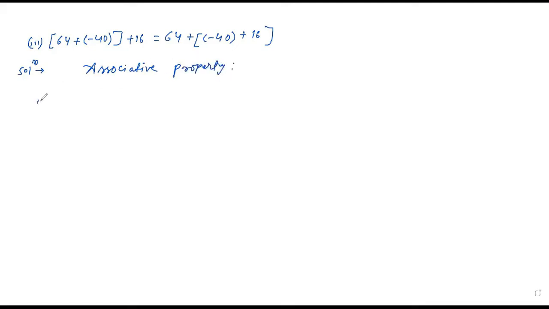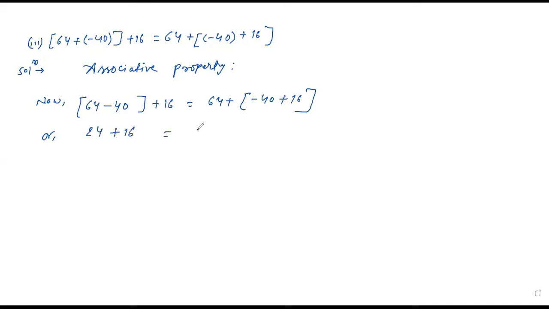Okay. Now, same thing. 64 plus minus 40, plus 16 is equal to 64 plus minus 40 plus 16. Now this is how much? Minus 24.